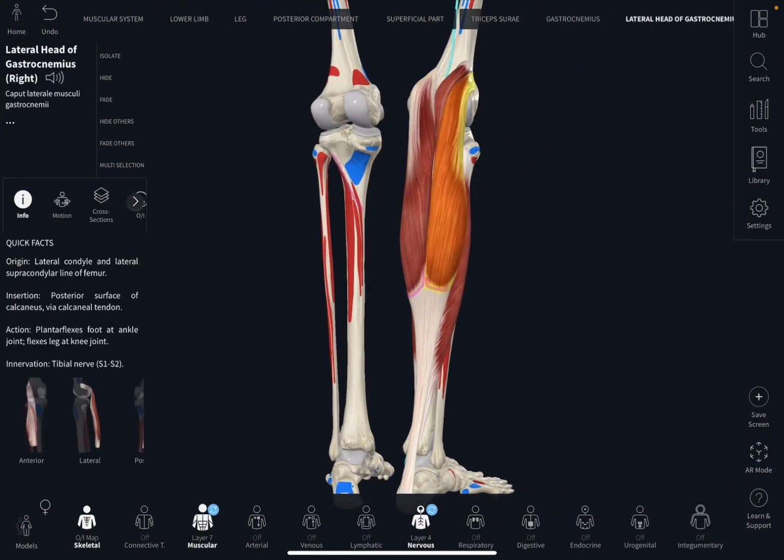And so there will be a loss of plantar flexion, and there won't be that push off in our gait.